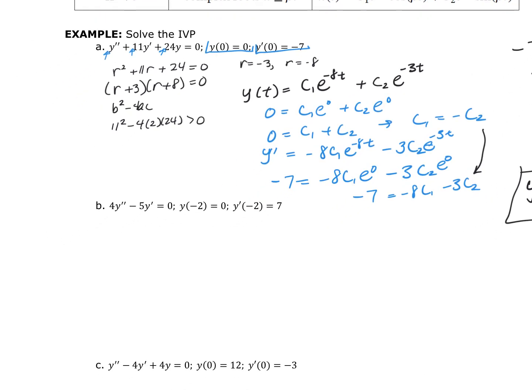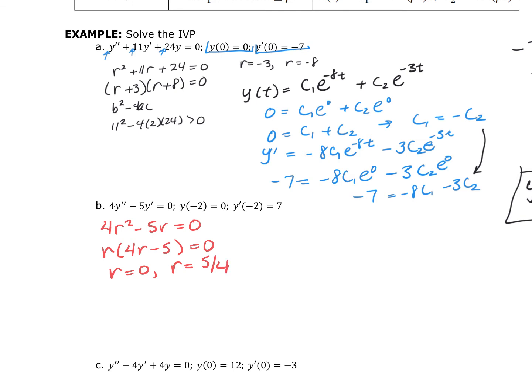My characteristic polynomial we know is going to be 4r squared minus 5r is equal to 0. And you're thinking, wait a minute, shouldn't I have a constant? We don't need one. We factor out an r, leaving me 4r minus 5 is equal to 0. So I get r is equal to 0, and I get r is equal to 5 over 4.